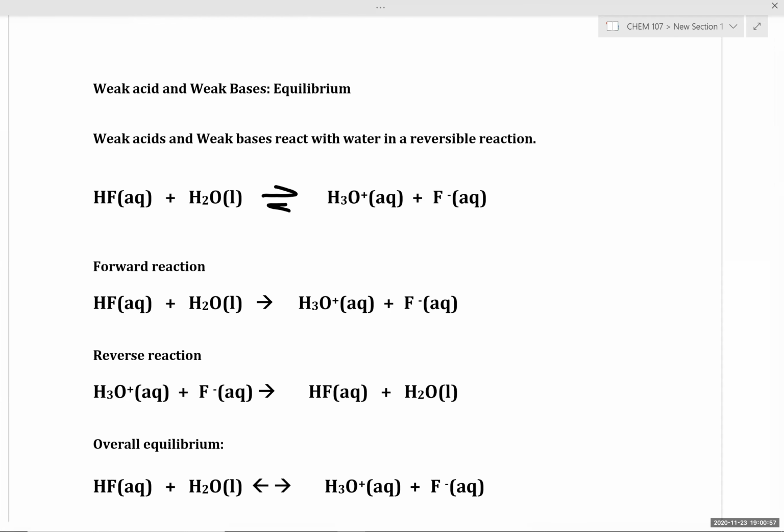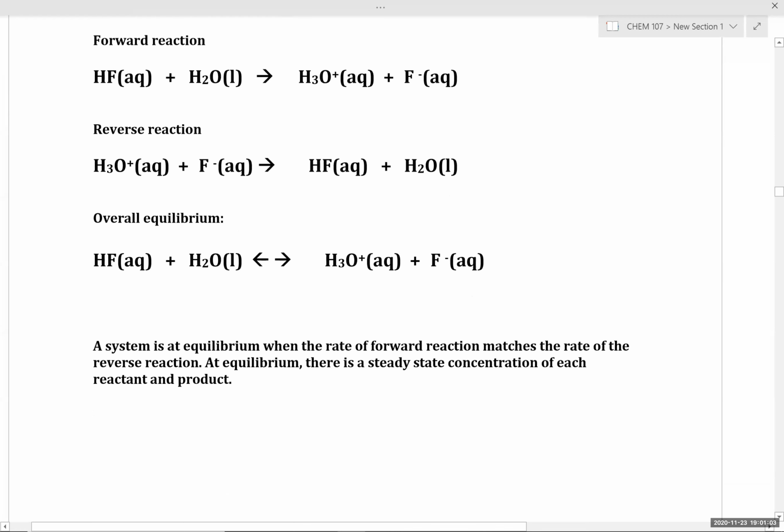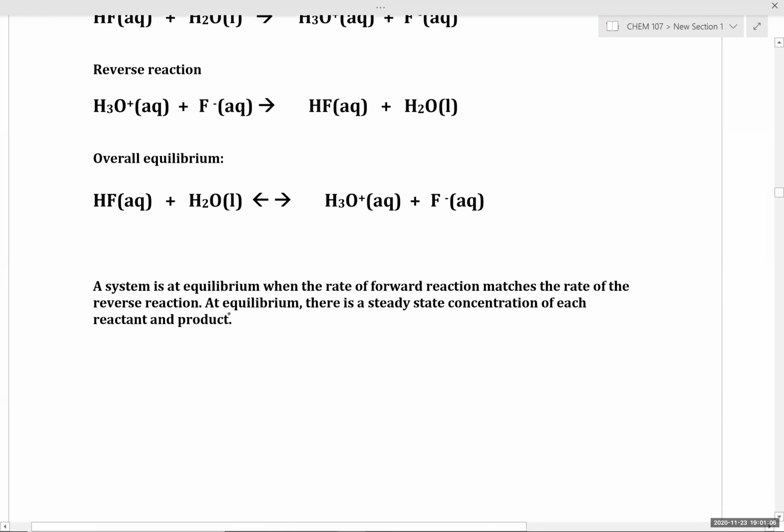And eventually, these forward and reverse reactions reach a steady state or an equilibrium. Now, the main feature of an equilibrium is there is a steady state concentration of each reactant and product. So at this equilibrium, there is a defined concentration of H3O+, F-, and HF.